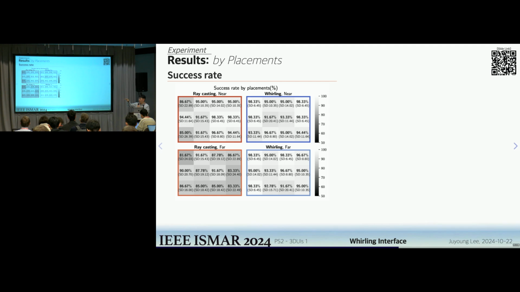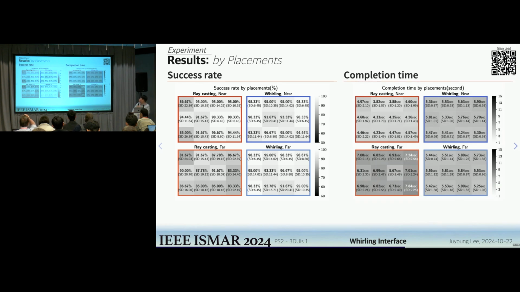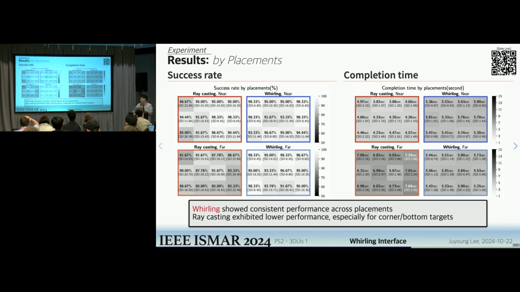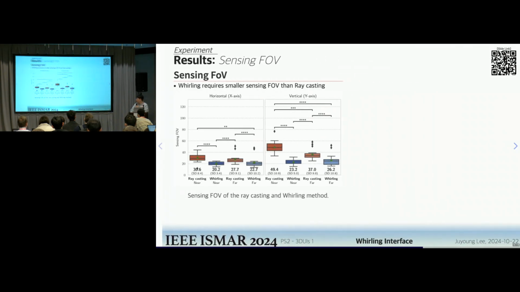It is right aligned to the real display view, and this is completion time. So here we can see Whirling showed consistent performance across placements, but ray casting has lower performance, especially for the corners. Actually, this can be due to the FOV being low because it's not in the sphere condition.